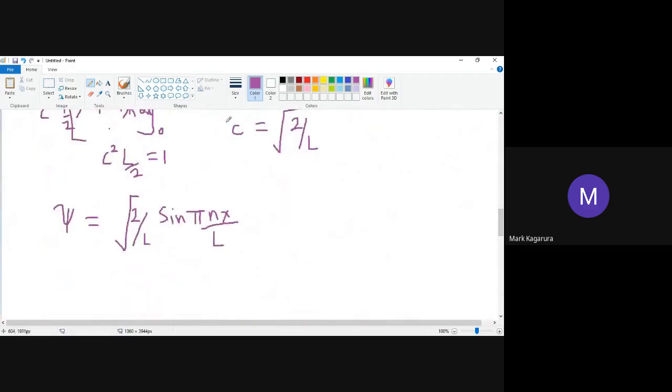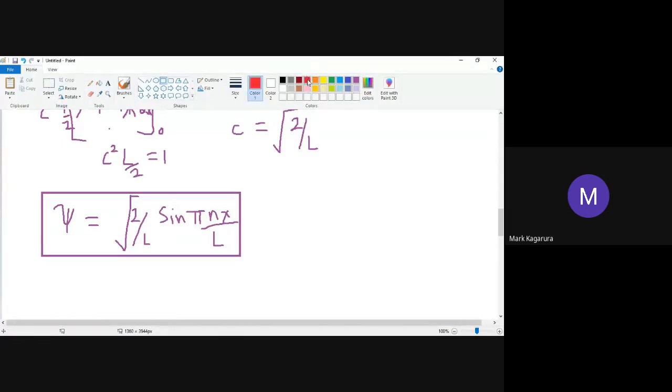So that is our final solution, the normalized wave function of a particle in an infinite box, or in a one-dimensional box.